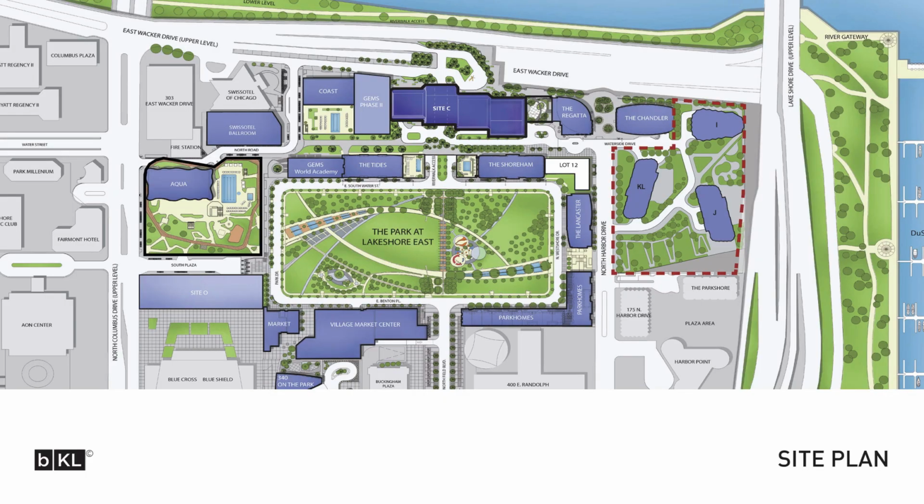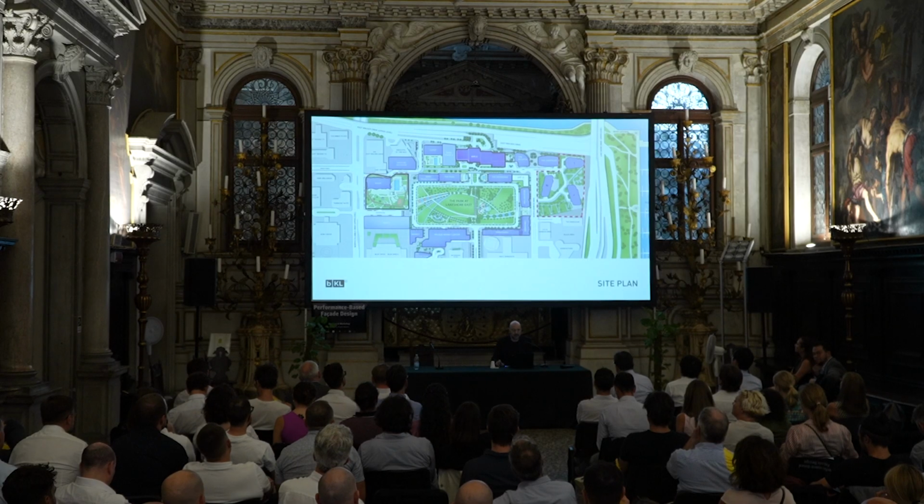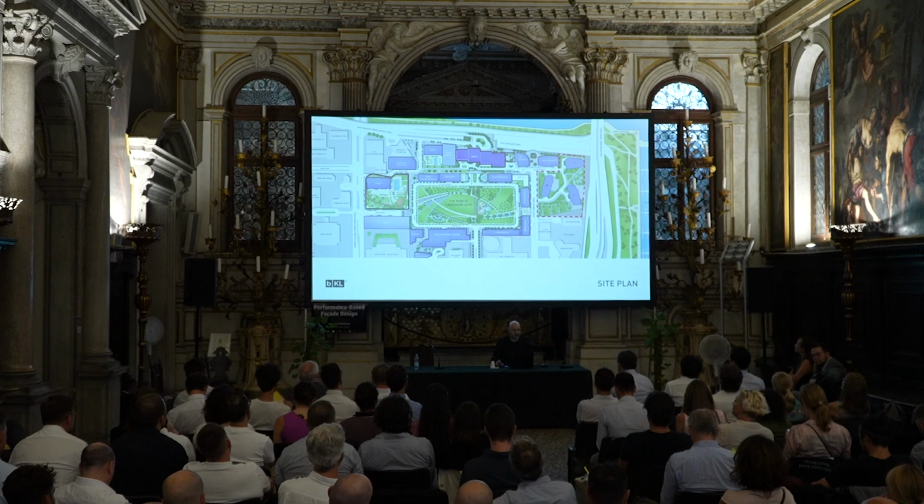So the proposed plan development places these 3 towers into a landscape podium with this cascading park that connects the neighborhood on multiple roadway and pedestrian levels, with the pedestrian and bicycle paths underneath the Lakeshore Drive to the lake.